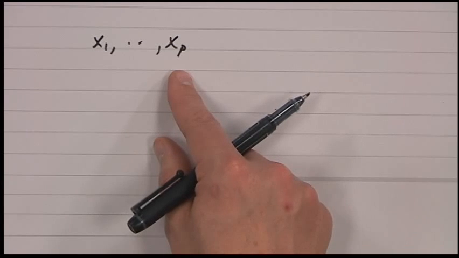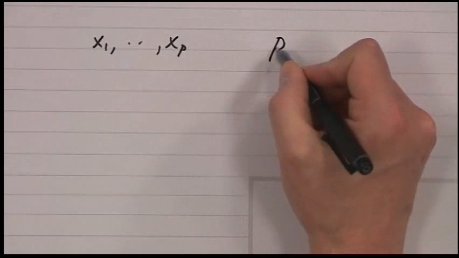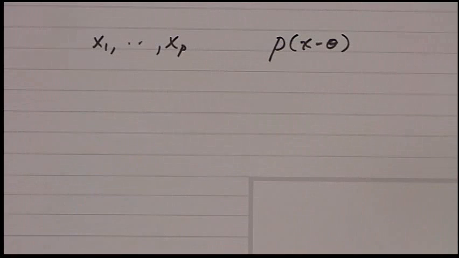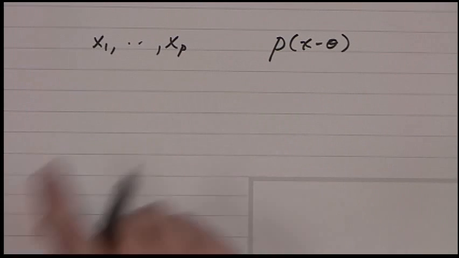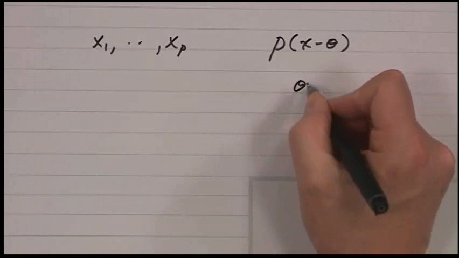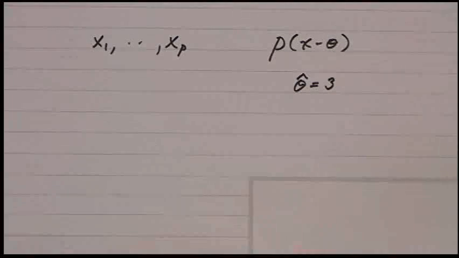Now, just to give you an idea of how difficult a problem this could be, let's say that these things are all distributed as P of X minus theta, okay? So that's the probability distribution, and theta is unknown. Now if I take the estimate theta hat equals 3, okay?